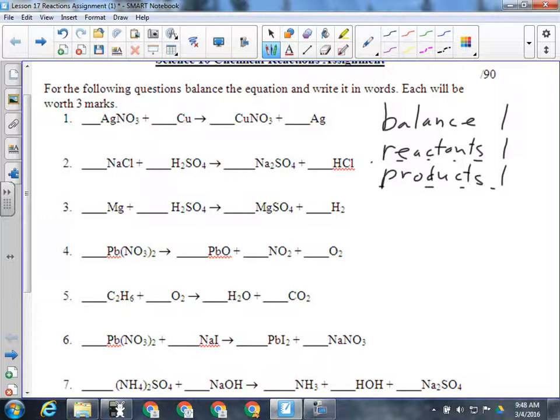Now there's a couple of tricky ones here. Suggestions. Question number 4. The balancing is tricky for question number 4. No, we're not going over this in class because you're handing it in for marks. My suggestion for number 4 is that you have the odd-even problem, which we've mentioned a couple of times.